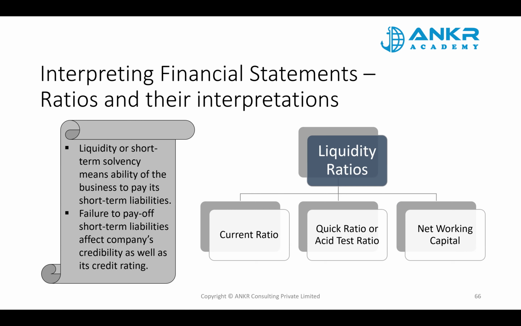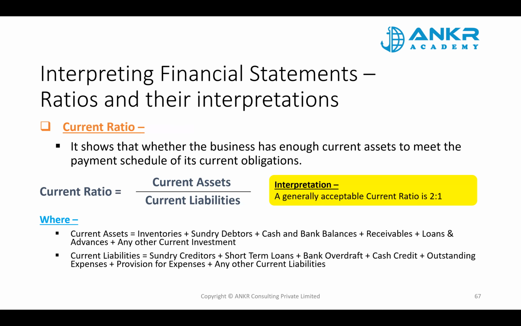Some businesses are in a long-term revenue generation cycle, and in that they do have visibility that money will come after 6 months, 12 months, 1 year, 2 years, but they also have to meet their short-term liabilities. So it is very important that this ratio is also maintained, because even a company with a healthier balance sheet may have this problem. So let us discuss a couple of ratios in the liquidity ratio.